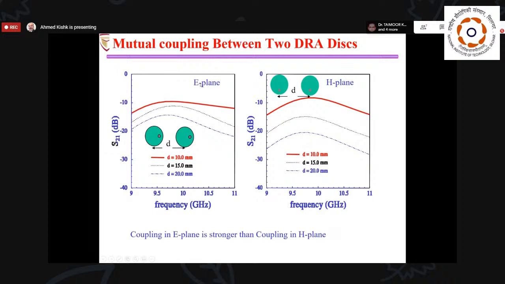And the reason is the E-plane coupling is inversely proportional to 1 over the distance between the two resonators, but with the H-plane, it is inversely proportional to 1 over D squared. So if D is very small or smaller than 1, then you will find a very rapid change in the mutual coupling, while here it is slow. But when we started with 1/3, the E-plane is giving us lower coupling than the H-plane.